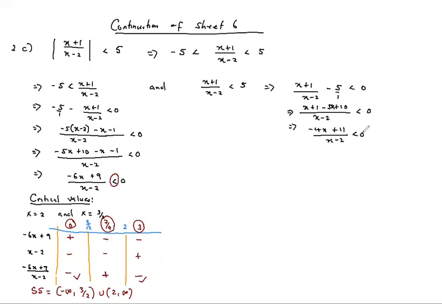So again, critical values: the other one is fixed, 2, the denominator, and then the other one is going to be x equal to 11/4. So again, we have 2, we have 11/4, and then we have -4x + 11, we have x - 2, and we have the quotient.